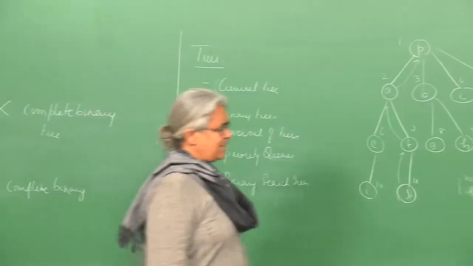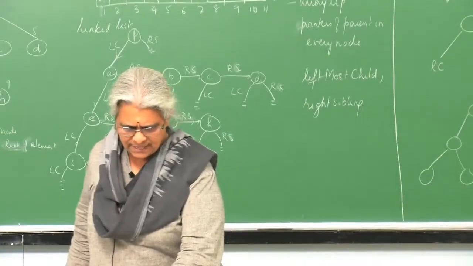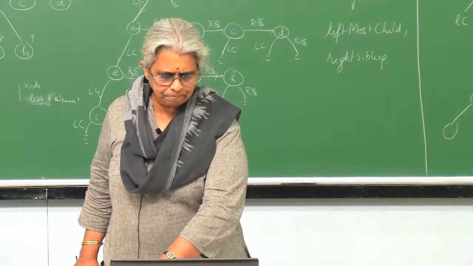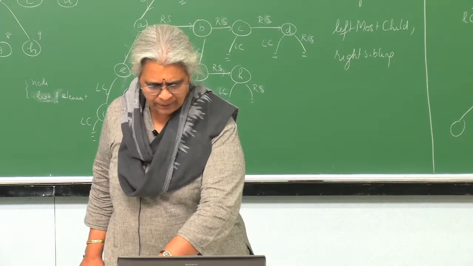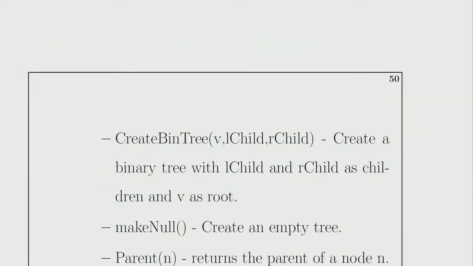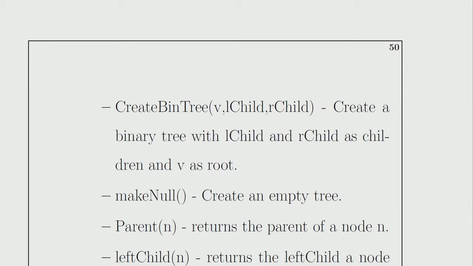Now, first let us see why do we want a binary tree in the first place, and is there any use of this? Okay. And what are the operations that you will perform on a binary tree? So, you need something. So, what is it that we do? Now what is the binary tree now? The binary tree is also an abstract data type, like we saw the stacks, queues and lists.